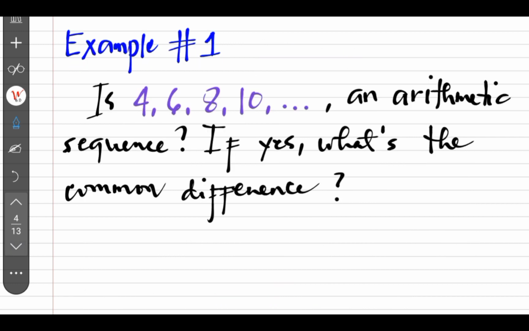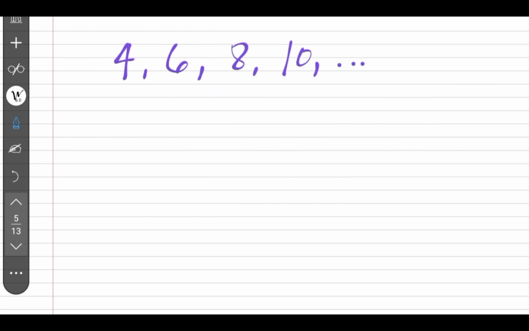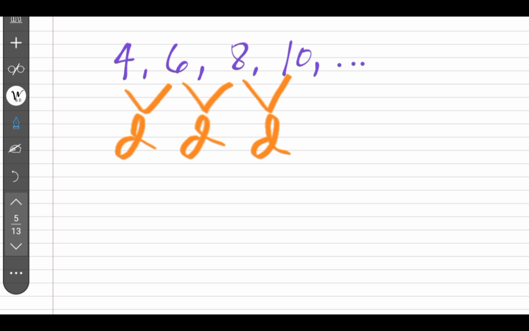Let's have the first example. Is 4, 6, 8, 10 an arithmetic sequence? If yes, what's the common difference? So let's try. When we say common difference, we are pertaining to the differences of two consecutive numbers that are common.